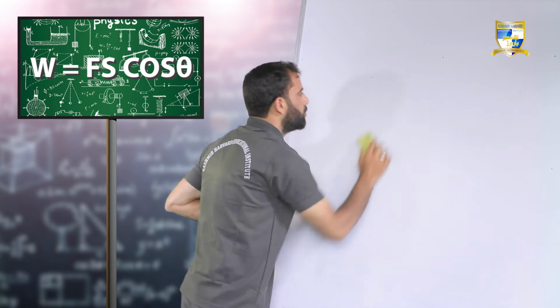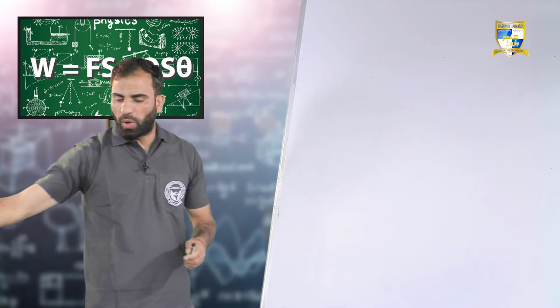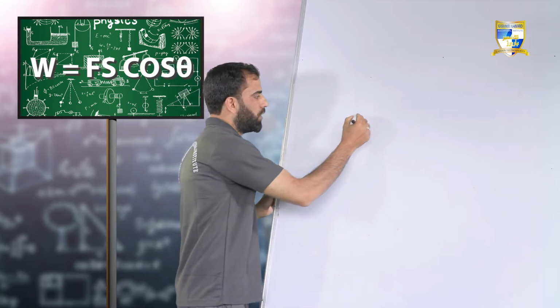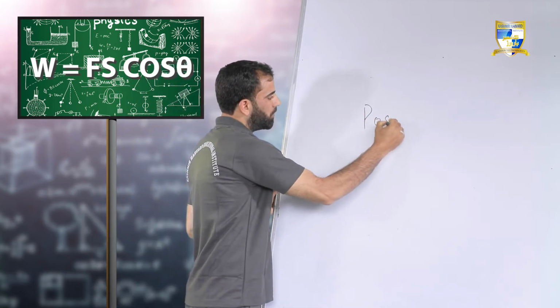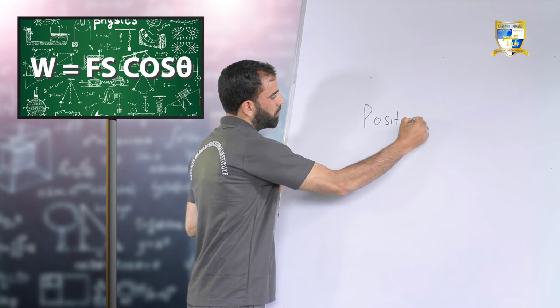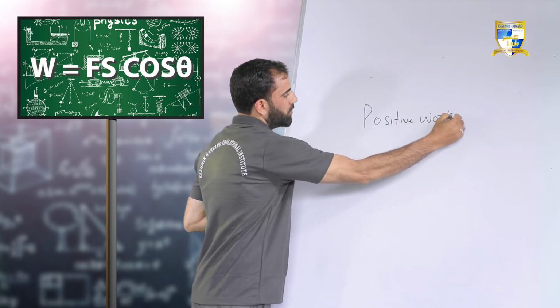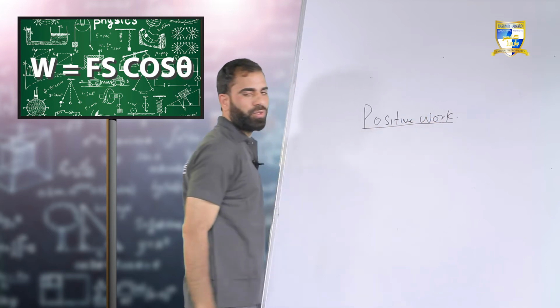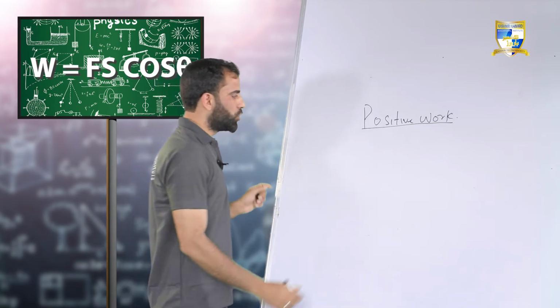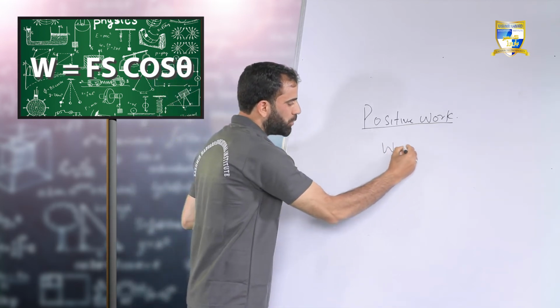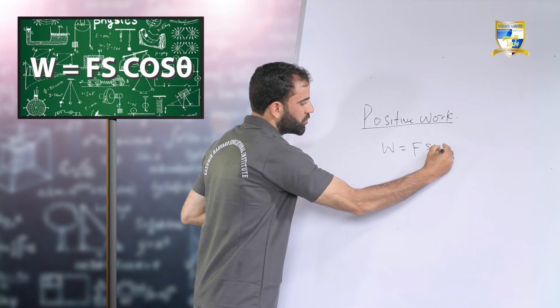Let us start from positive work. What is positive work? Our formula is W equals to Fs cos of theta.